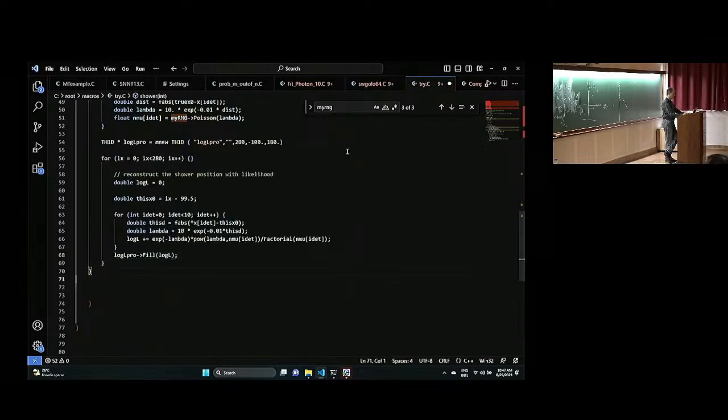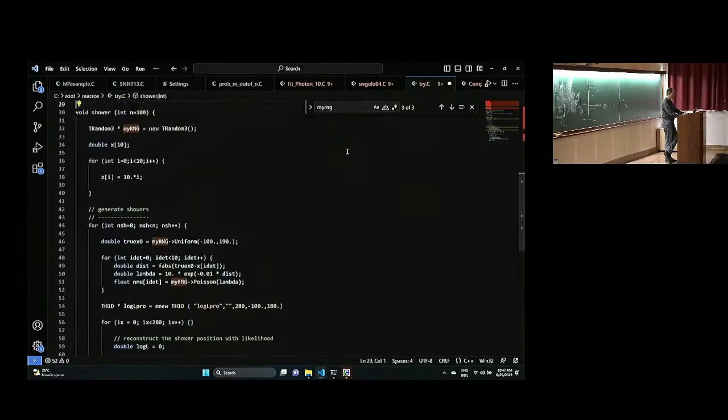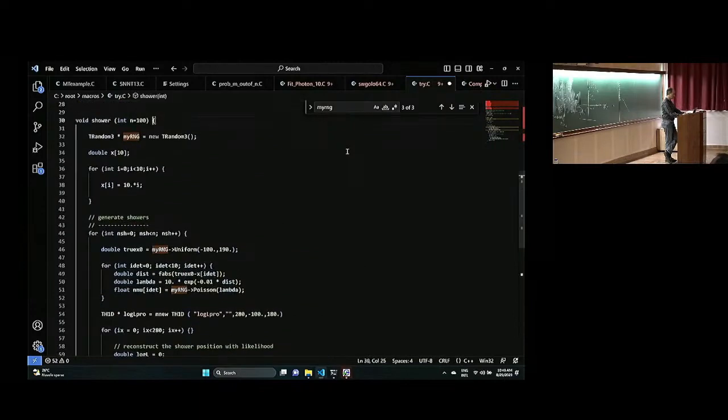With the log likelihood. Now, it doesn't make any sense to loop over 100 detectors to do this, because we don't want to generate 100 histograms. So for now, let's take this parameter away. And this number of showers, for now, we comment it out.